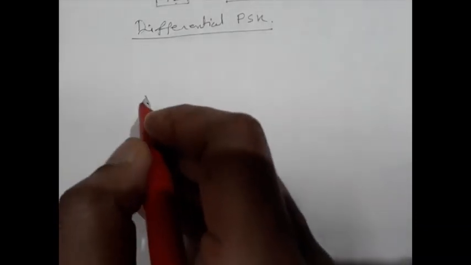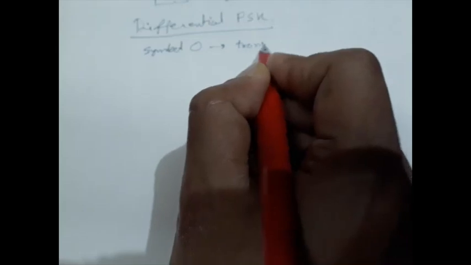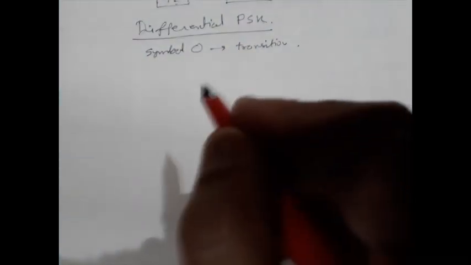For example, symbol 0 may be used to represent a transition in a given binary sequence with respect to the previous encoded bit.